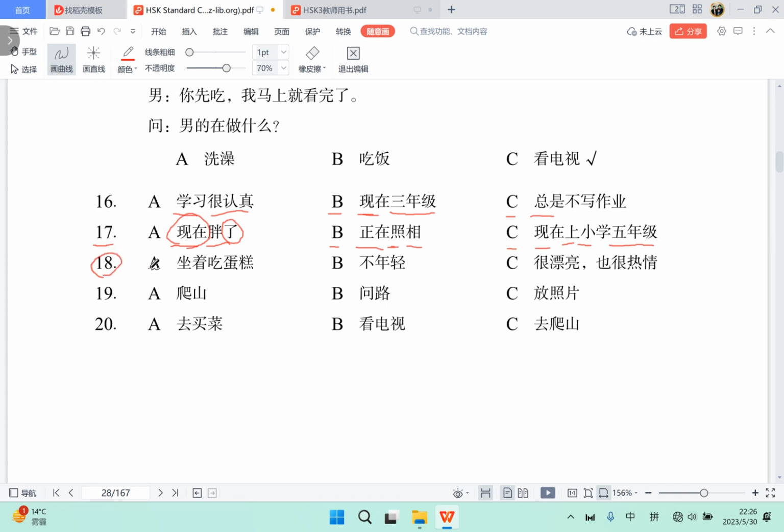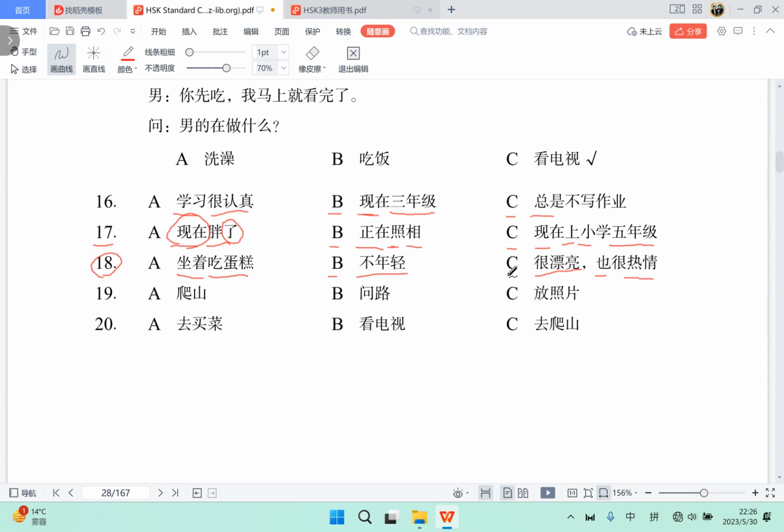And 18, 坐着吃蛋糕. The main action is 吃蛋糕, eating cake, and how he's eating cake, while sitting, 坐着. B, 不年轻, not young, no está joven. And C, 很漂亮, very beautiful, 也很热情, also very warm-hearted.